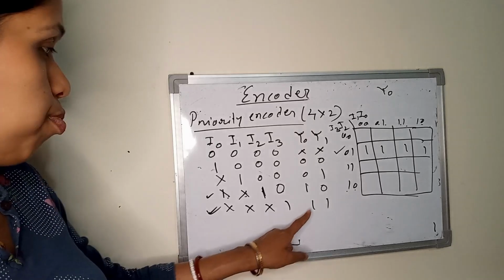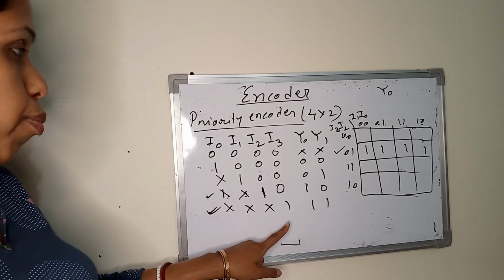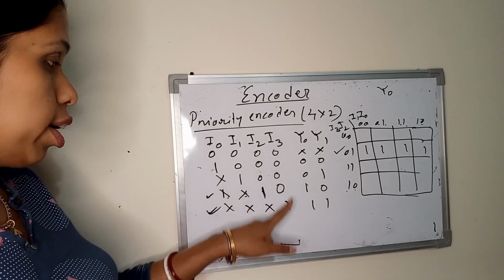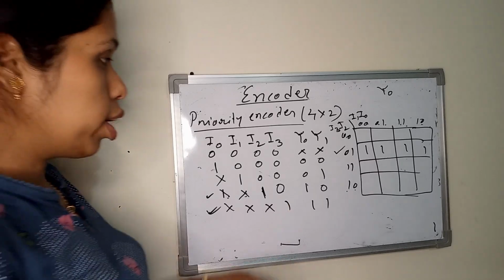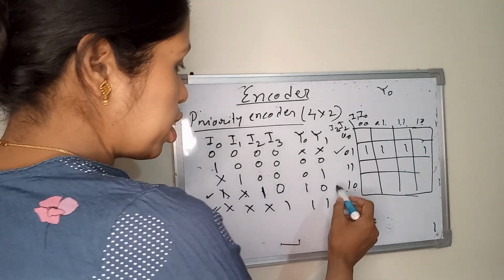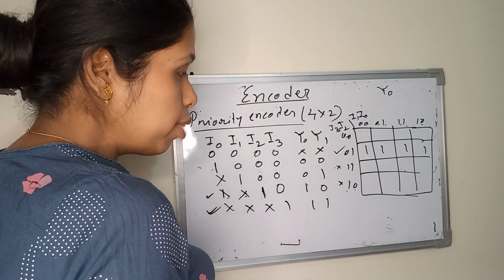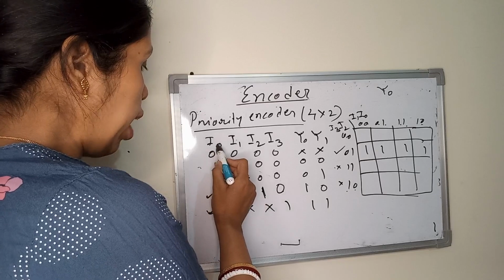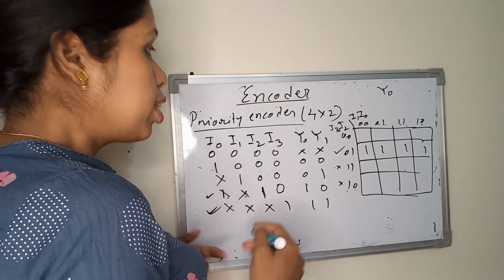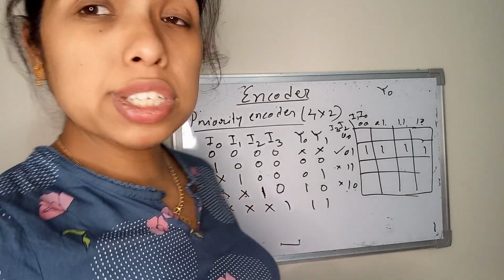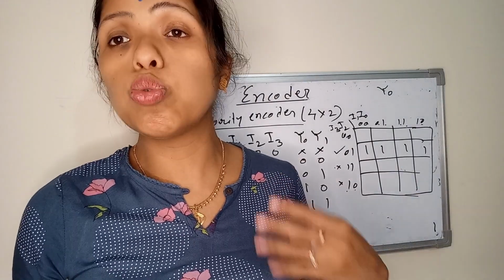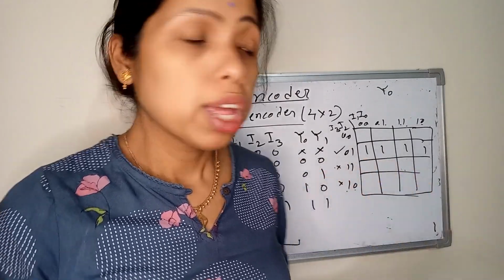Okay, now come to here. Here you can see, here also my Y0 is 1. My Y0 is 1 means here my I3 is 1. Okay, my I3 is 1 for which cases? In these two cases my I3 is 1, right? And I0, I1, I2 will be 0 0 0. With three X it will be 0 0 0, 0 0 1, 0 1 0, 1 1 0 and so on.